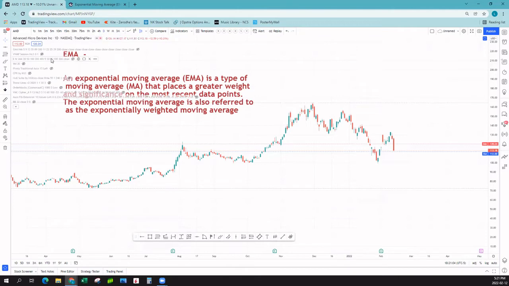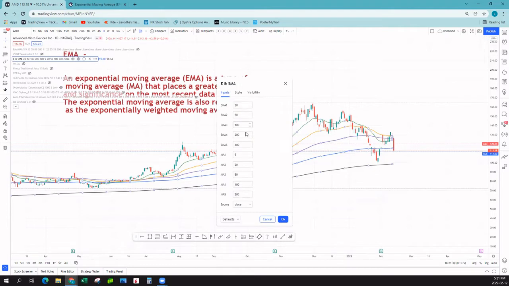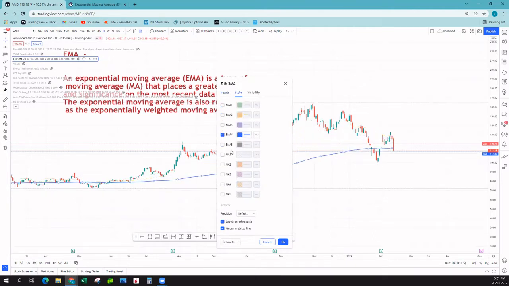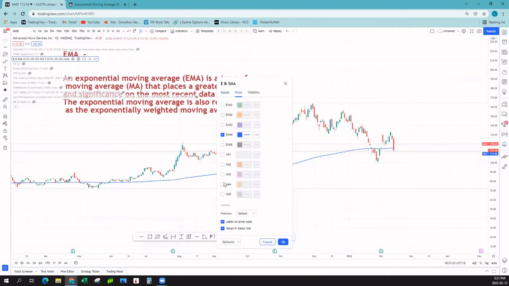Now I'm going to show you the comparison, how the EMAs work. Say this is 200 EMA. I'm going to put here the blue line, which is 200 EMA, and number 5, here, I'm going to put 200 SMA.